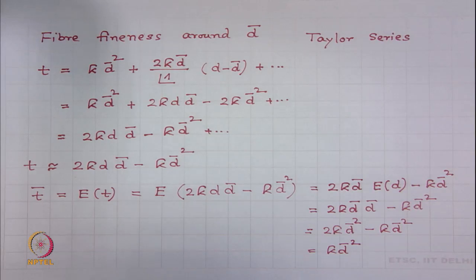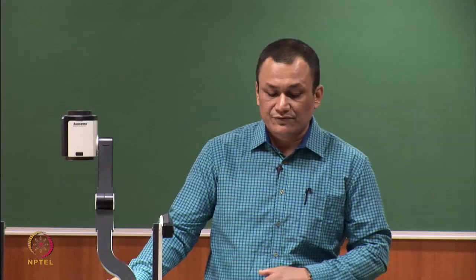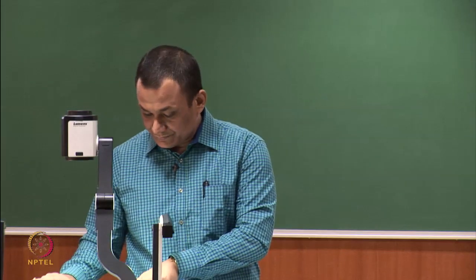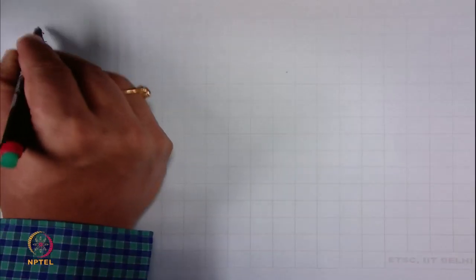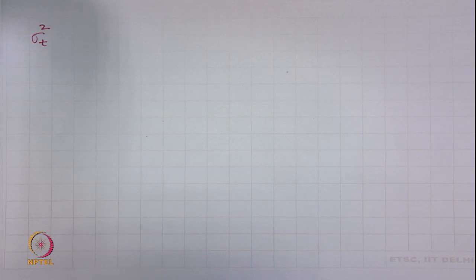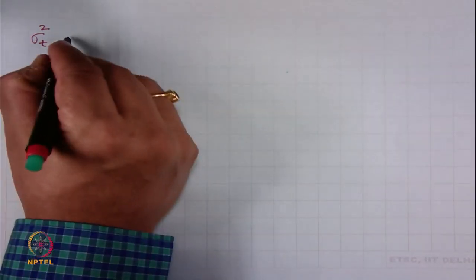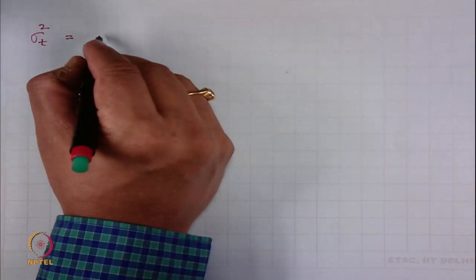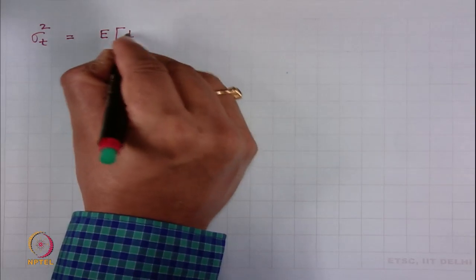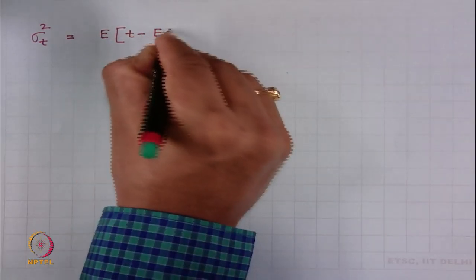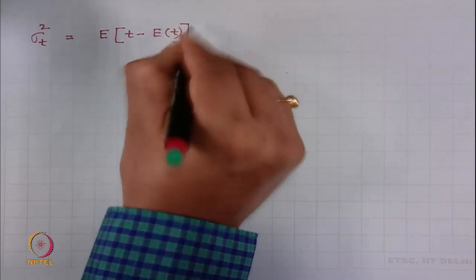So, this is the expression for mean fineness, and what will be the expression for variance? Variance is sigma t square, right. So, what is this sigma t square? Sigma t square is expectation of t minus mean of t, squared.